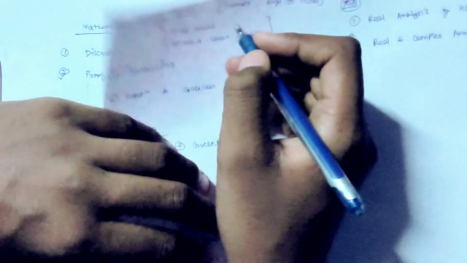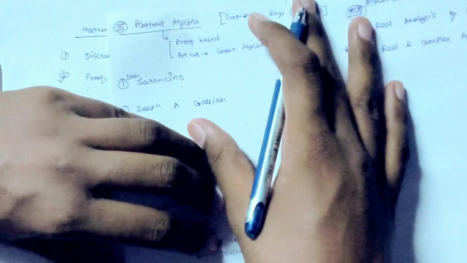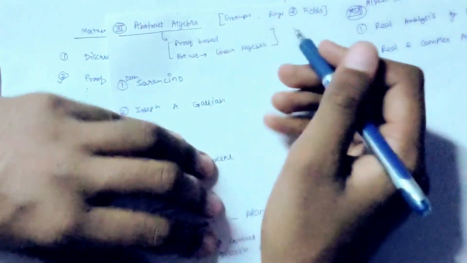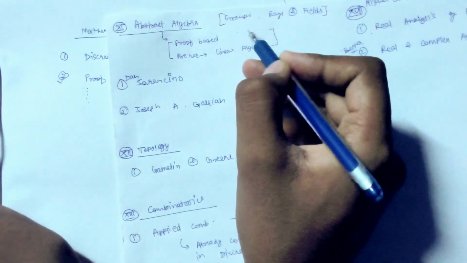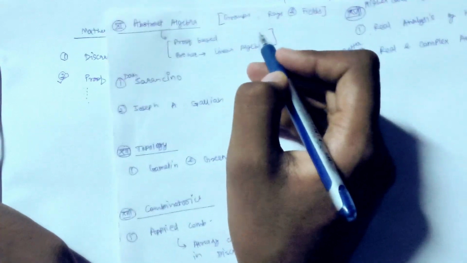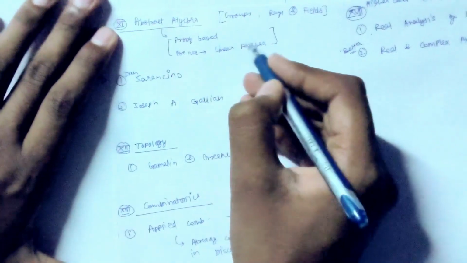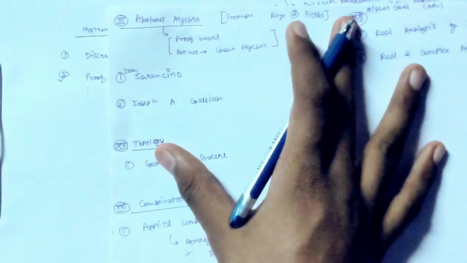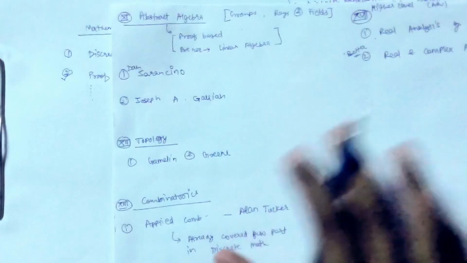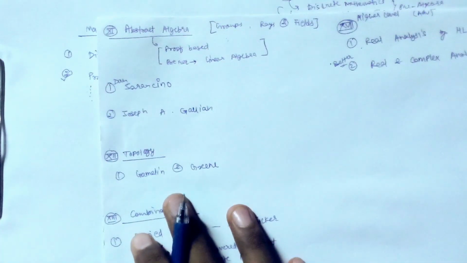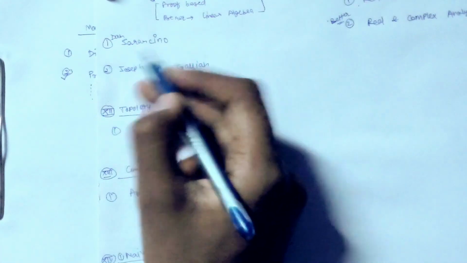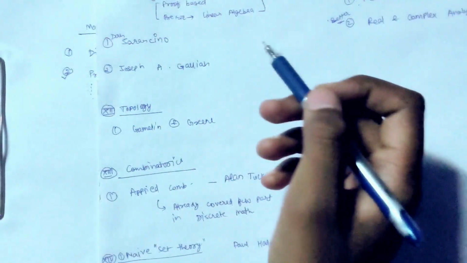Abstract algebra is a somewhat advanced topic, but it's good. Here we will study groups, rings and fields, and it is also a proof-based topic. If you have covered the discrete mathematics and proof writing section very well, you will be very comfortable. A book by Saracino and Joseph Gallian you can follow.